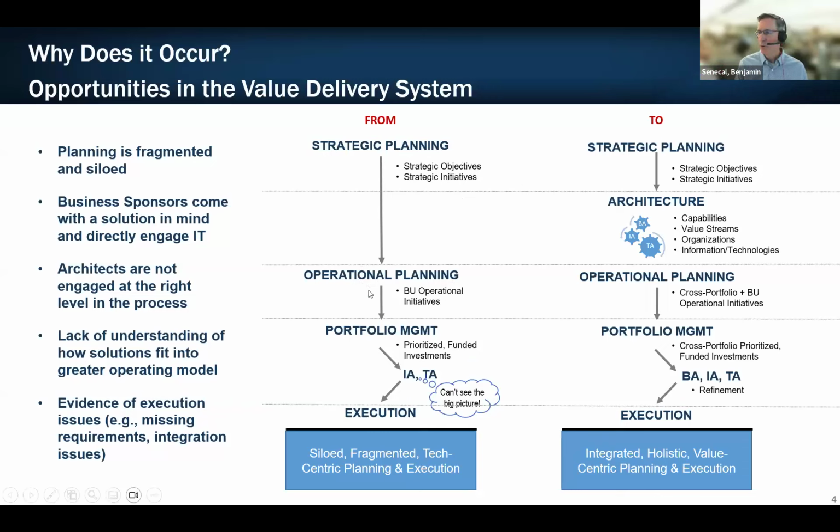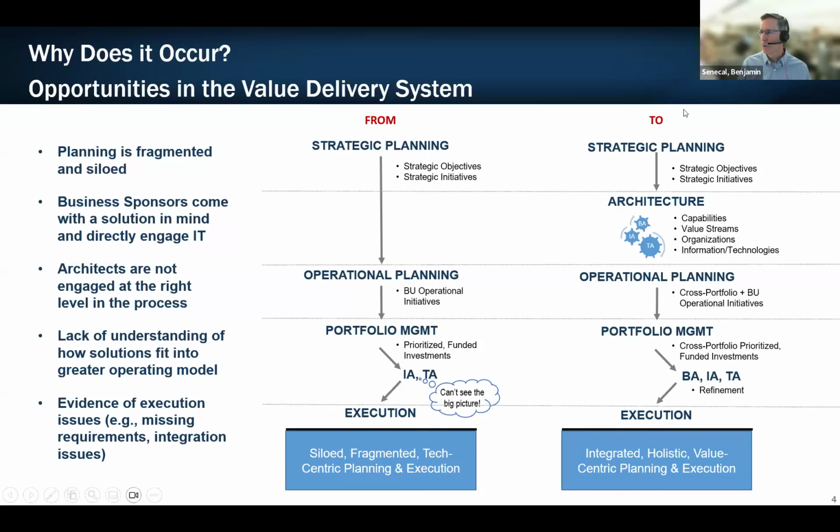And then multiple of those inputs go into portfolio management to be prioritized with resources allocated to them. It's at that point where architects, represented by IATA, information and technical architects, come into the picture to help solution architects architect the solutions. But they can't see the big picture. What this results in is siloed, fragmented, tech-centric planning.